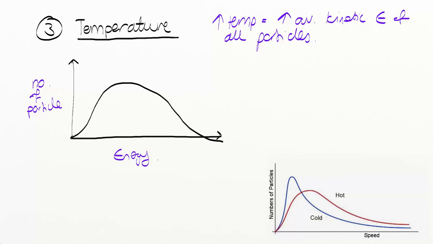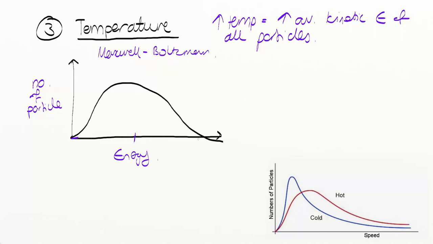Remember, this is known as a Maxwell-Boltzmann distribution. It literally just says that if the level of energy is medium, there's a big number of particles that have a medium level of energy.